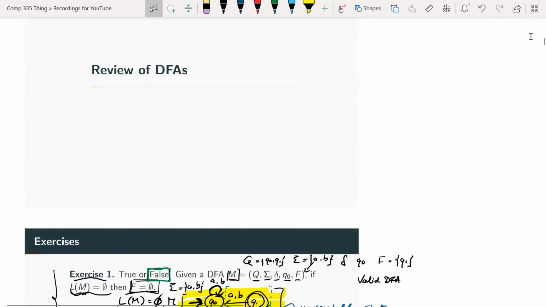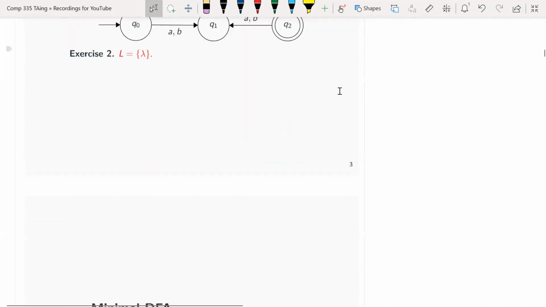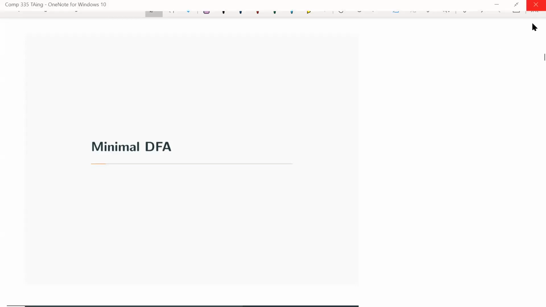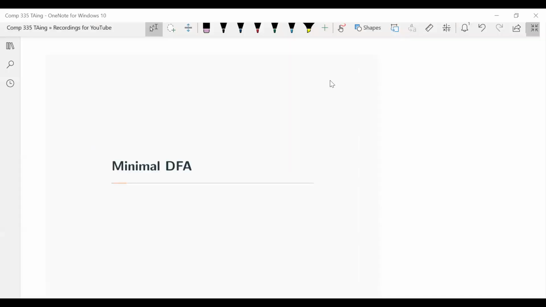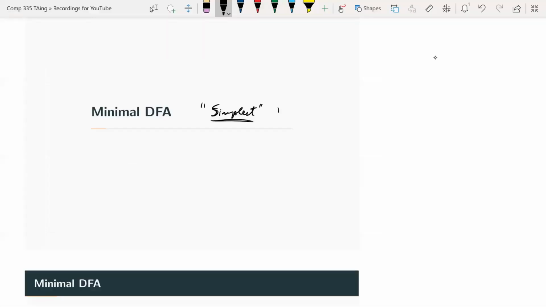So that was the review on DFAs. Now that we've done that, we're going to tackle minimal DFAs and the minimization of DFAs. What do we mean by minimal DFA, or by the simplest DFA?